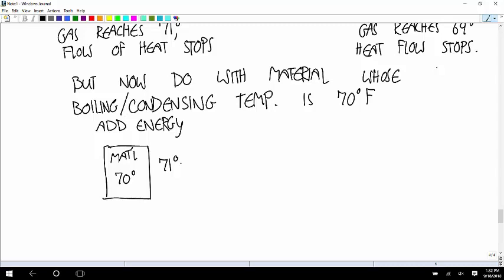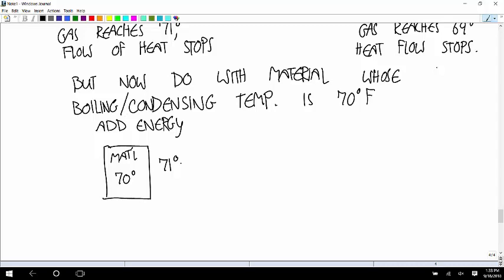Okay. So what happens now? Heat flows in from here into here, but for a long time, it doesn't raise the temperature of the material. Your goal is to get as much energy through heat from here into here as you can. But if this is a saturated liquid to start with, it's still at 70 degrees.